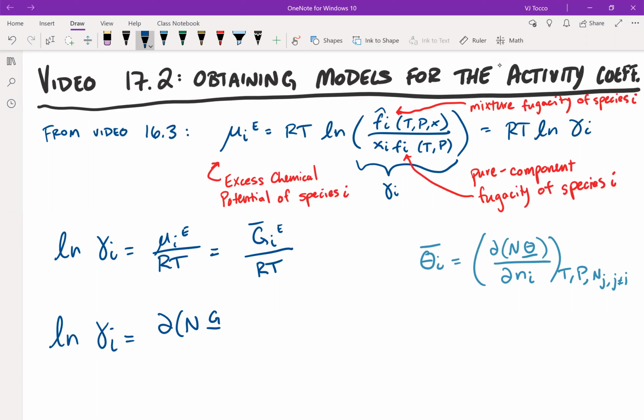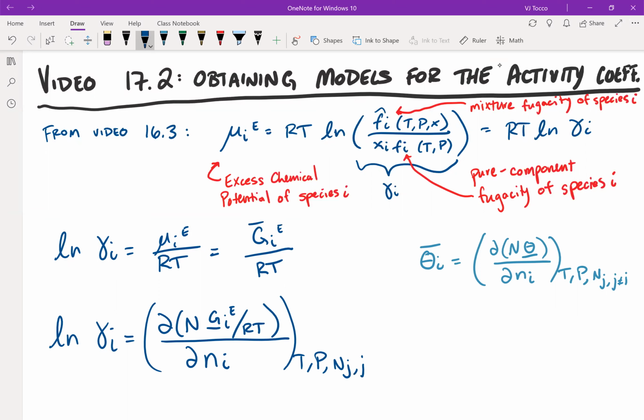So molar Gibbs free energy excess divided by RT with respect to constant number of moles of species i at constant T, P, and N j, where j is not equal to i. I made a minor mistake. There's no i there, so I should not have written an i. That's just the overall molar Gibbs free energy.